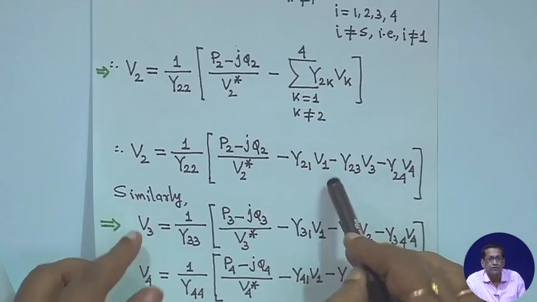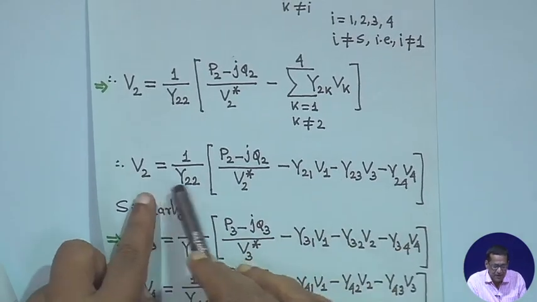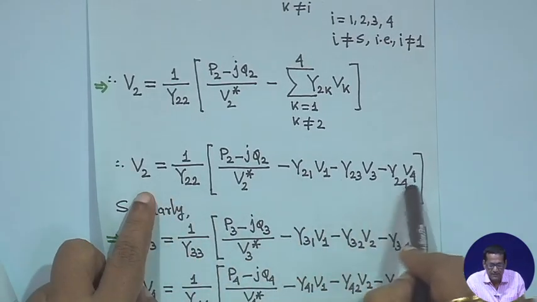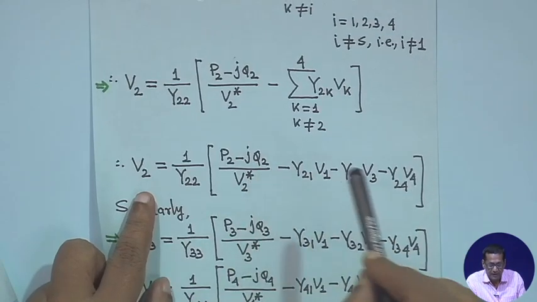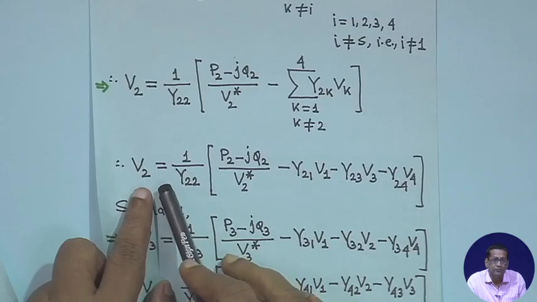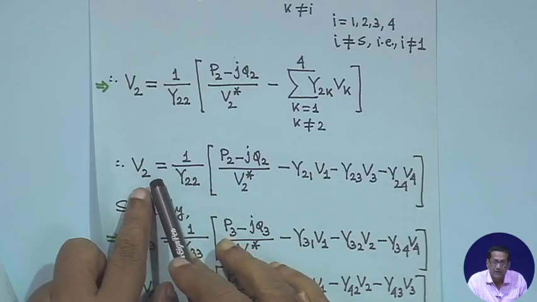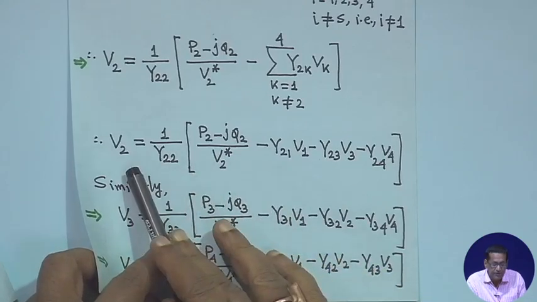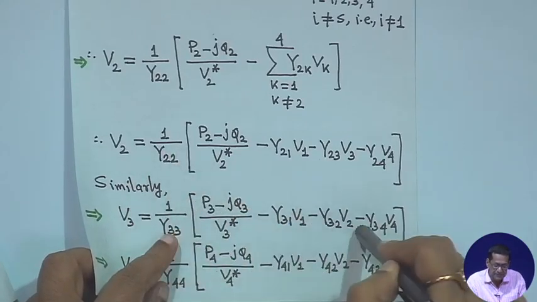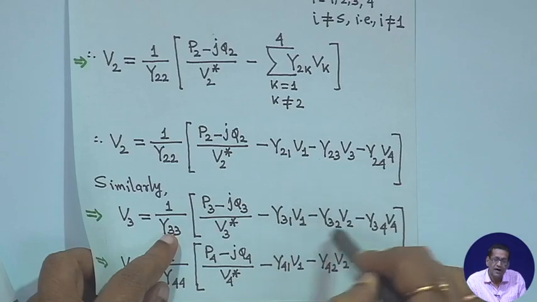That is why what we do is, first you calculate using the initial values of V3, V4, and P2, Q2, all these things are known, and then you get V2. But whatever value of V2 you get in this equation, put this value and the other initial values.